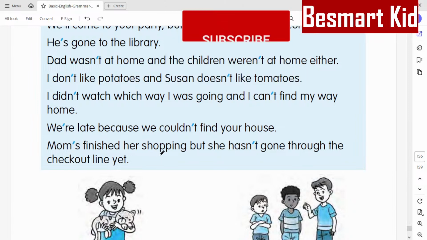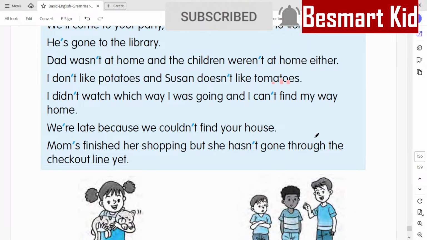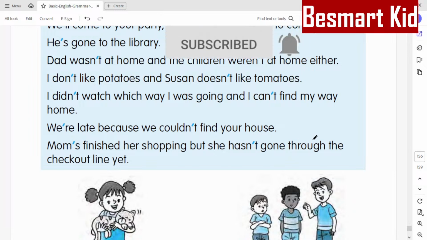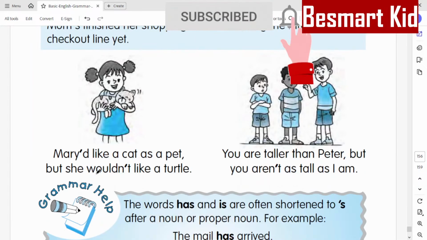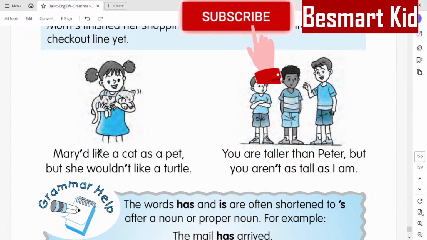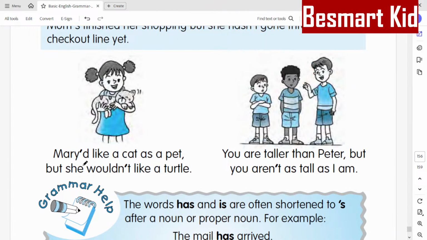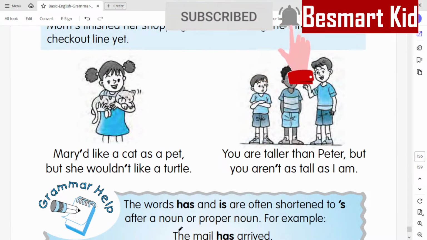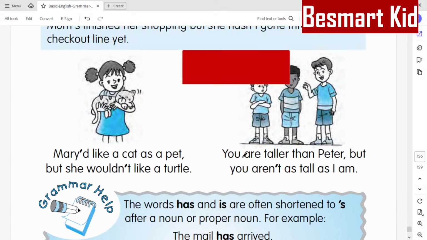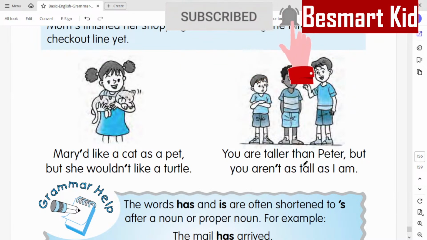Mom's finished her shopping, but she hasn't gone through the checkout line yet. Examples: Mary likes cats as pets, but she wouldn't like a toddler. You are taller than Peter, but you aren't as tall as I am.